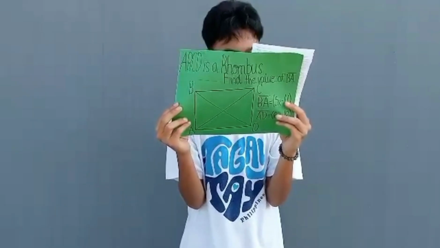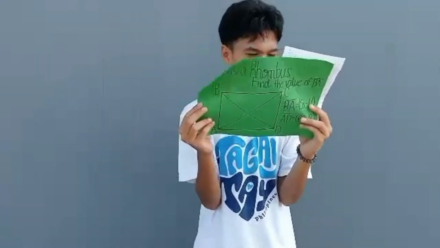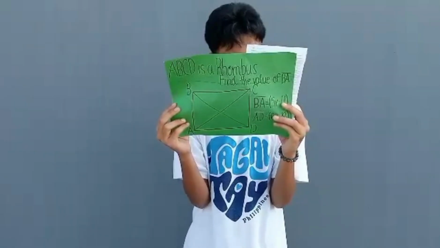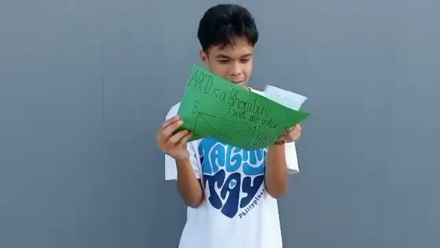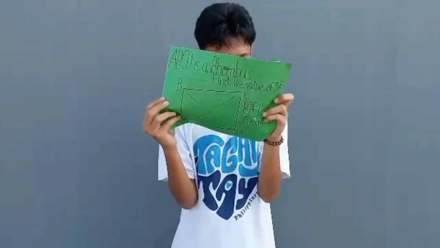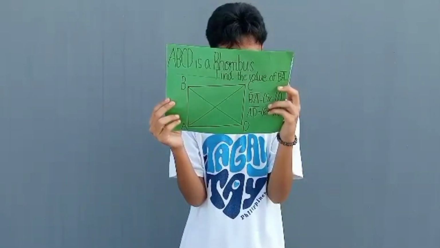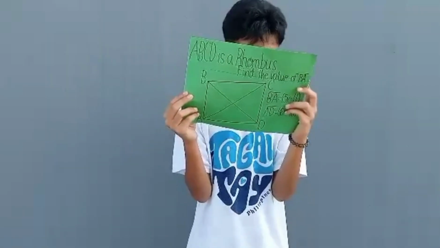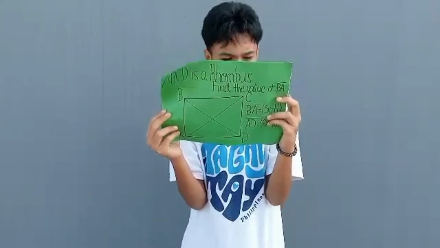Back to the given of side BA equals 5x minus 11. Change the x to the value of x that we found earlier. So 5 times 7 minus 11.